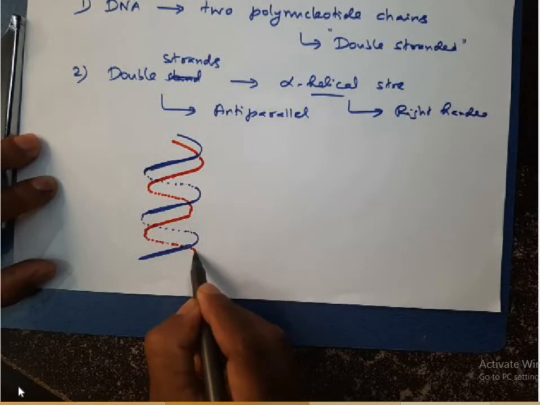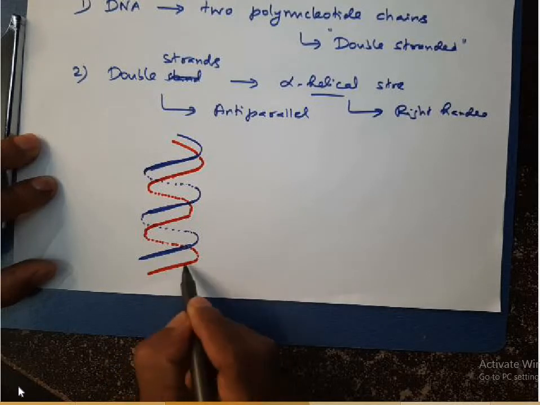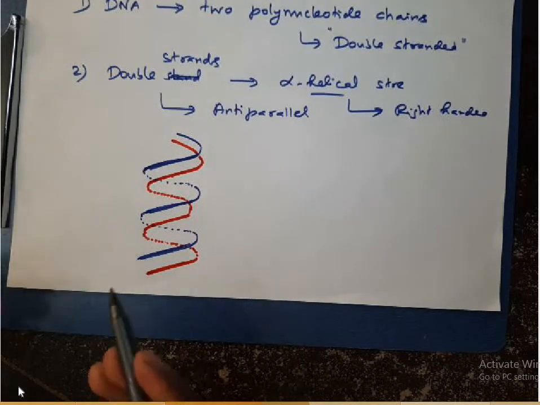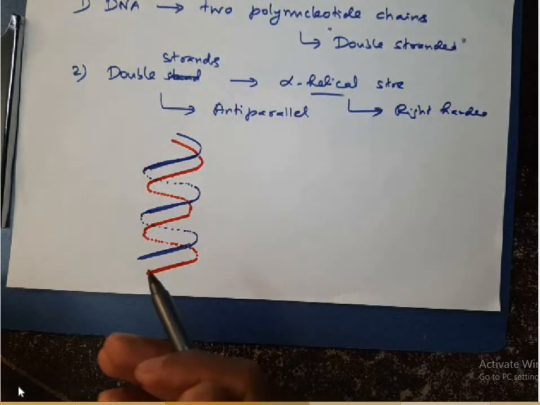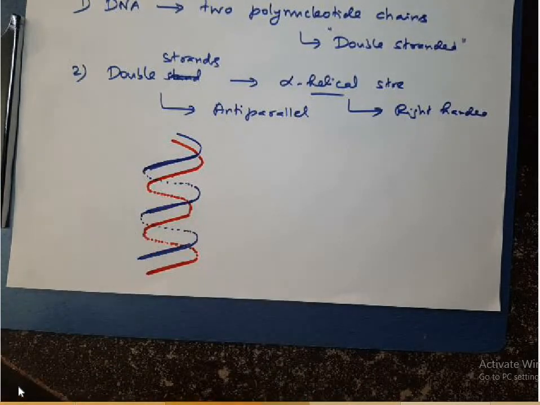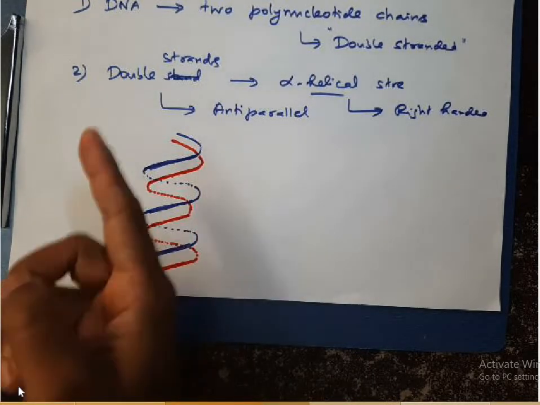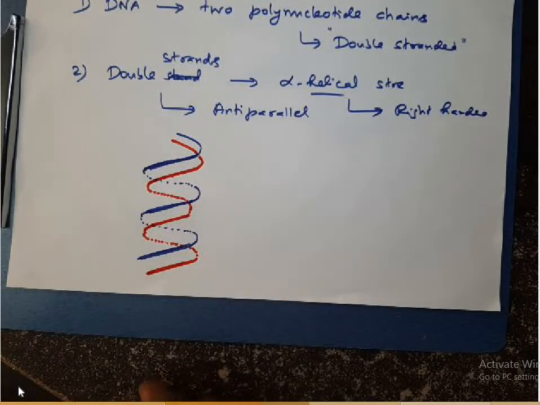It goes like this. The two chains actually look like this. The dotted line indicates that part is behind the paper, and the thick line is in front of us. So it is nothing but a right-handed helix.